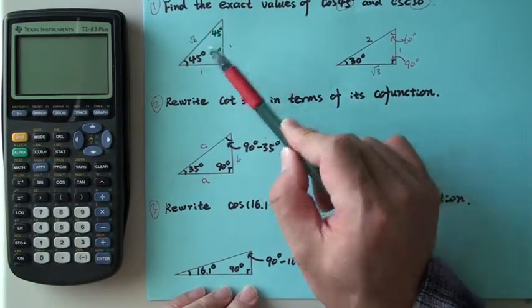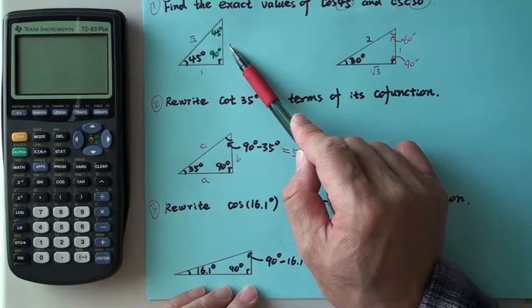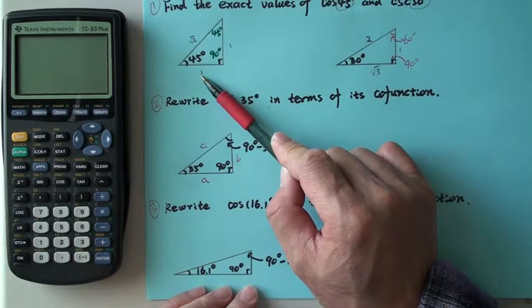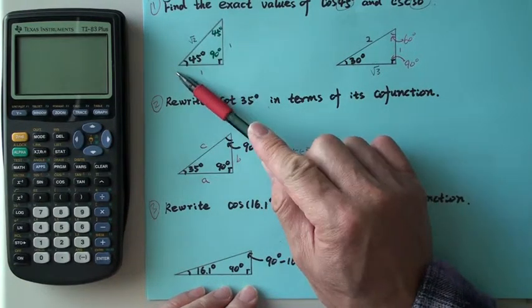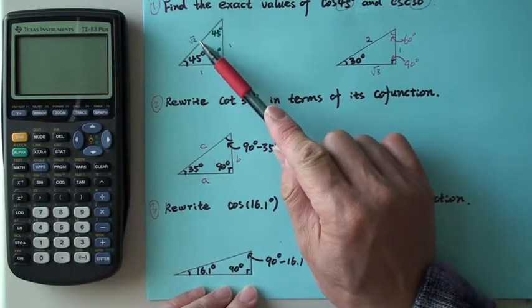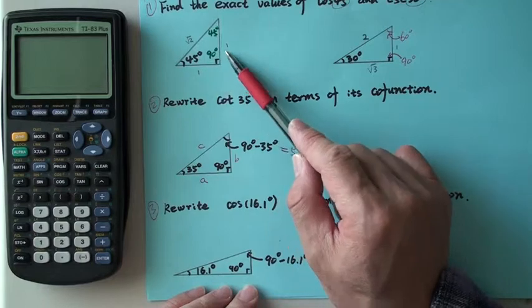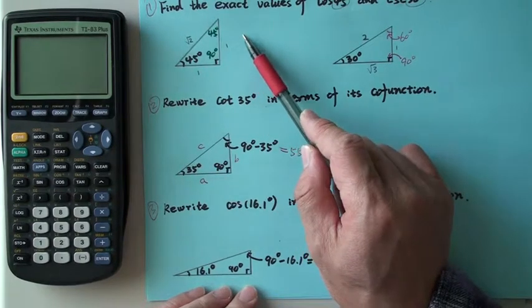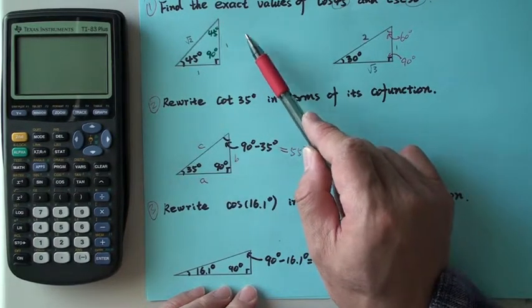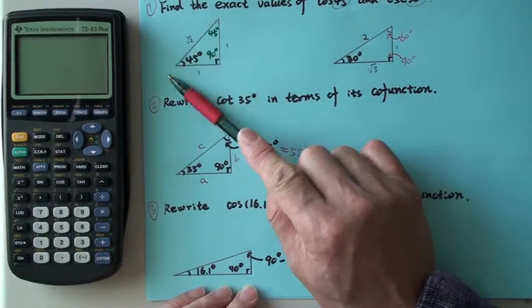Two legs are equal. If here is 1, then here is 1. By the Pythagorean theorem, the hypotenuse is radical 2, not 2, because 1 squared plus 1 squared is 2, and you have to choose the square root of 2.